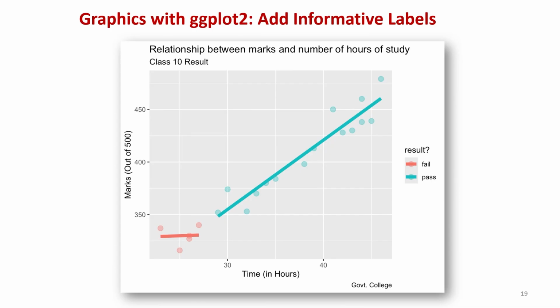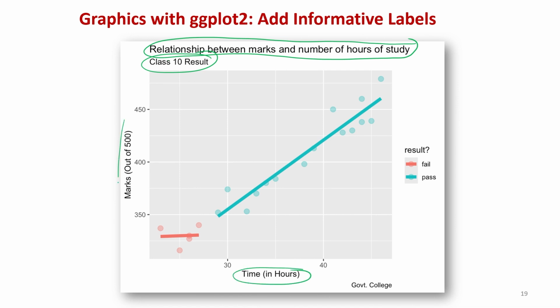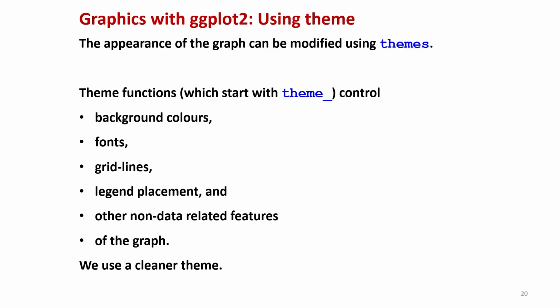If you execute it, you will see everything coming here: the title, relationship between marks and number of hours of study, then subtitle class 10 result, on x-axis time in hours, on y-axis marks out of 500, and this is the data for government college. So all these things are possible to improve the look of this graphic, which will give you a much better idea.